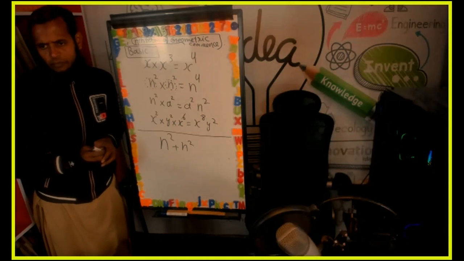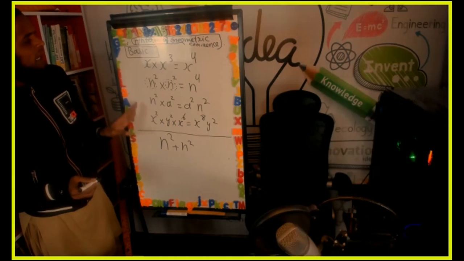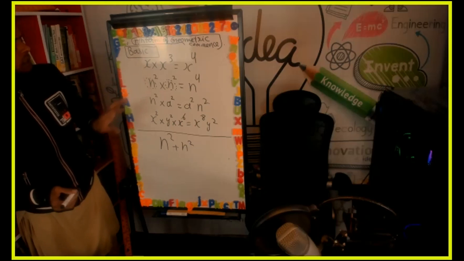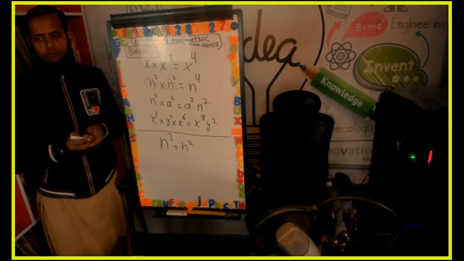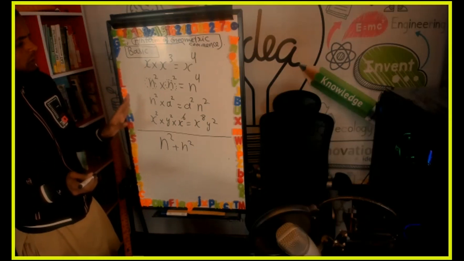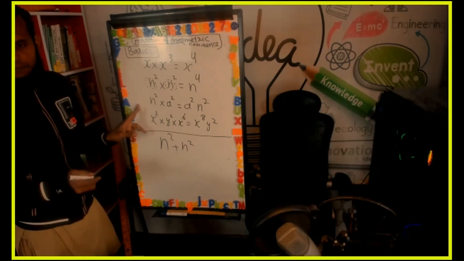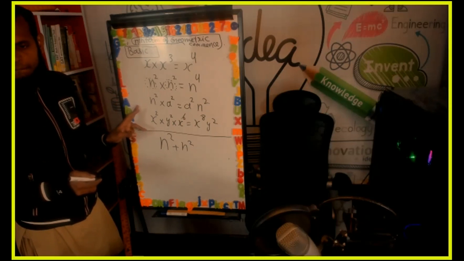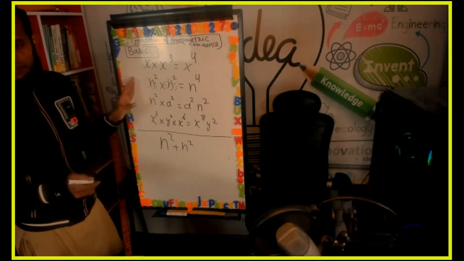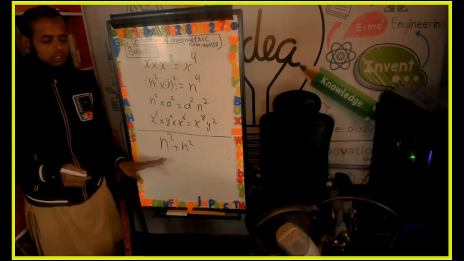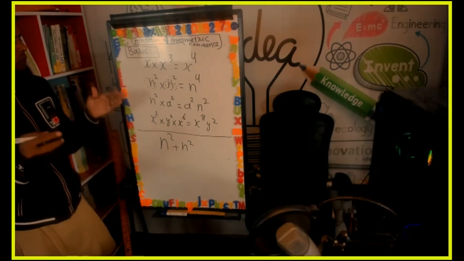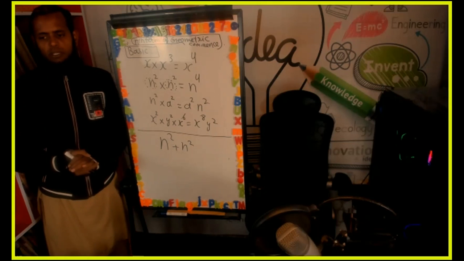This is basic. You should complete it. Write the rule in your notebook, and then we start. I will teach you how we can add the variables.